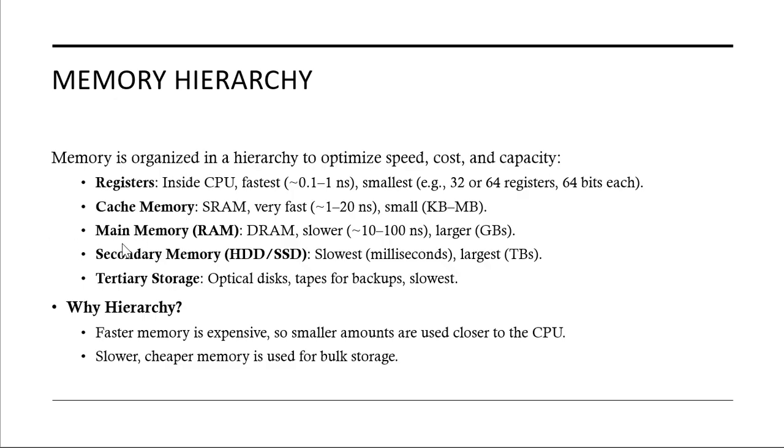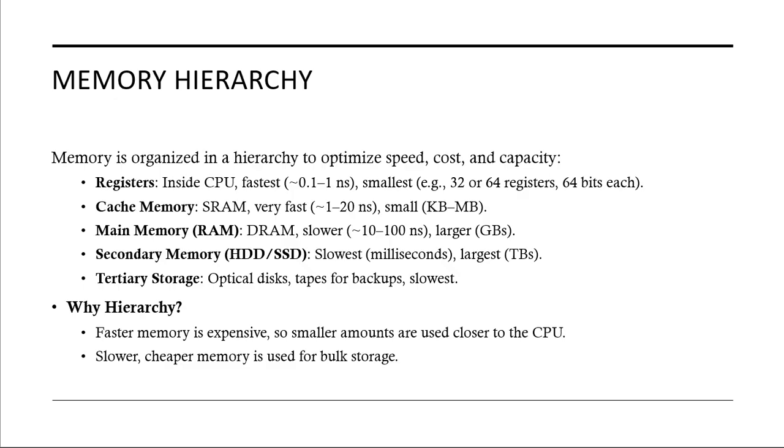Looking at other memories like the main memory and the SSD, they are farther away from the CPU. They are very slow, yet very large, hence are used for bulk storage, and they are very cheap. So let's move on to the next slide.